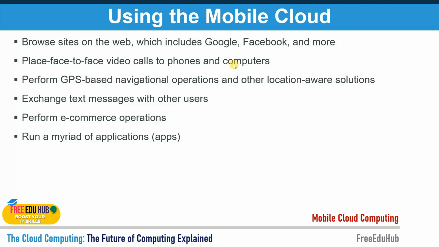Before, we used to make calls only using mobile phones, but now we can have face-to-face communication, video calls, which are almost or completely free using the applications that we use. Most companies are even utilizing it to conduct online interviews and meetings, so there is no need to travel to those places as we used to earlier.